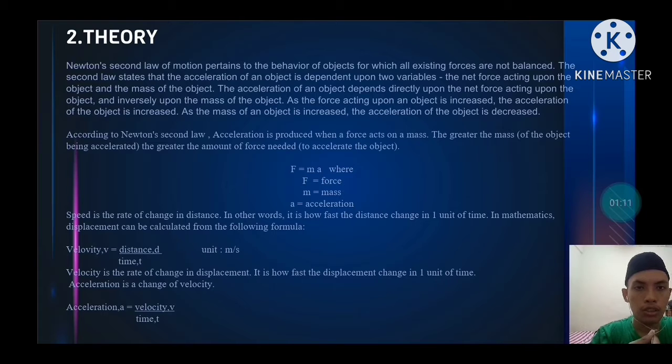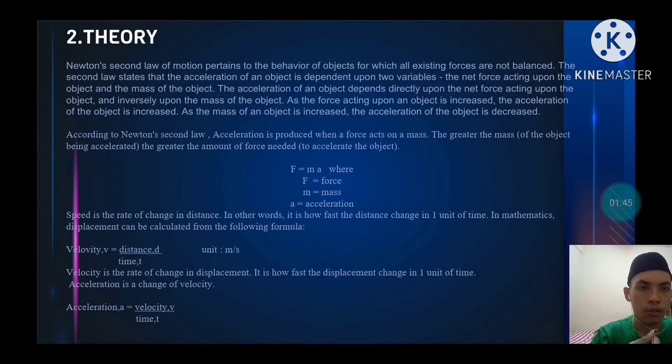Theory. Newton's second law of motion pertains to the behavior of objects for which all existing forces are not balanced. The second law states that the acceleration of the object depends upon two variables: the net force acting upon the object and the mass of the object.